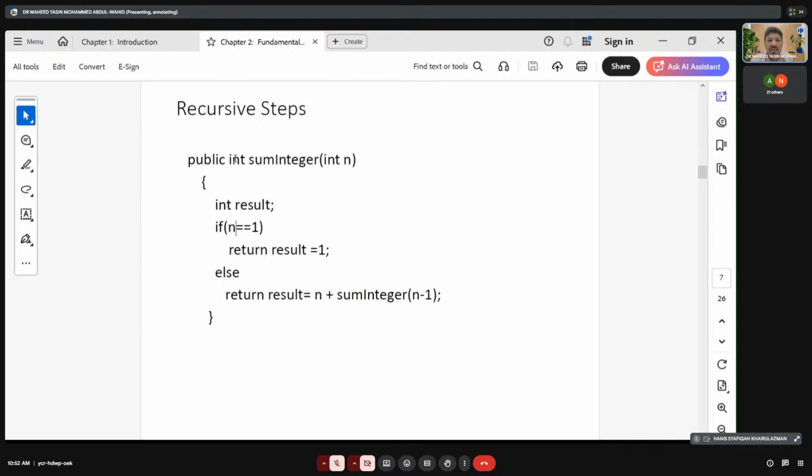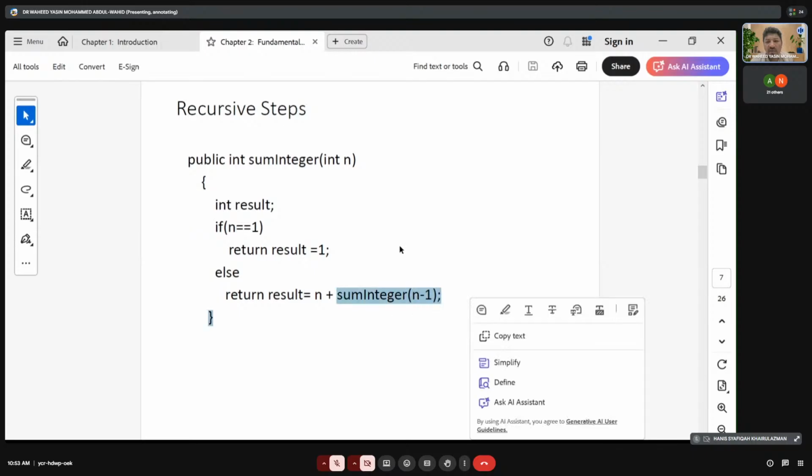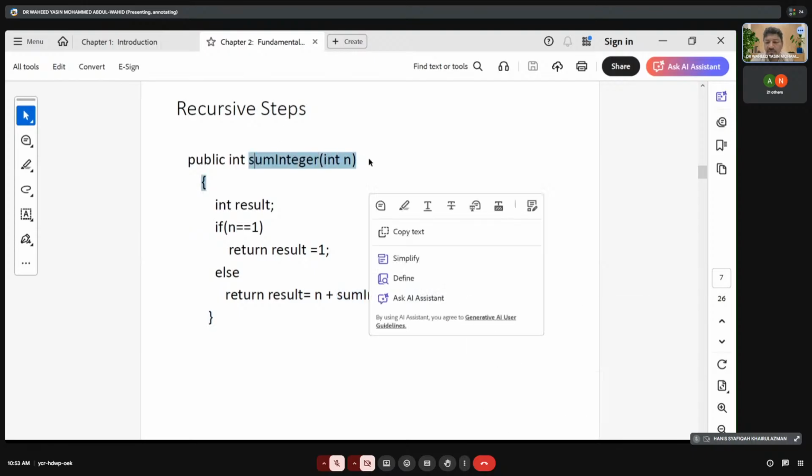So here we have public sum: if n equals 1, result equals 1, else return n plus sum integer n minus 1. This is a recursion calling the sum integer.